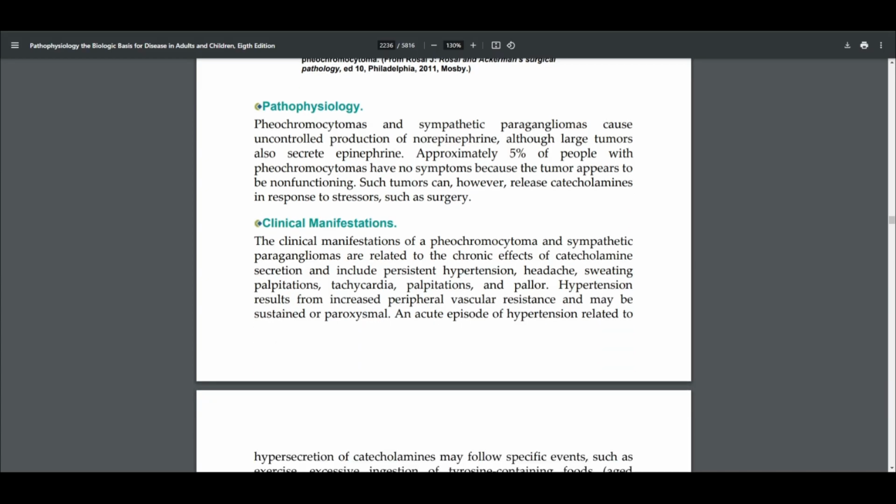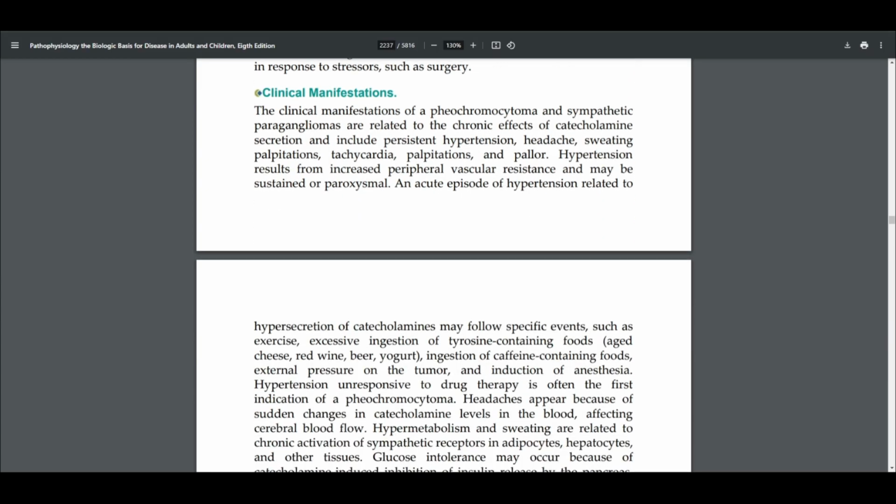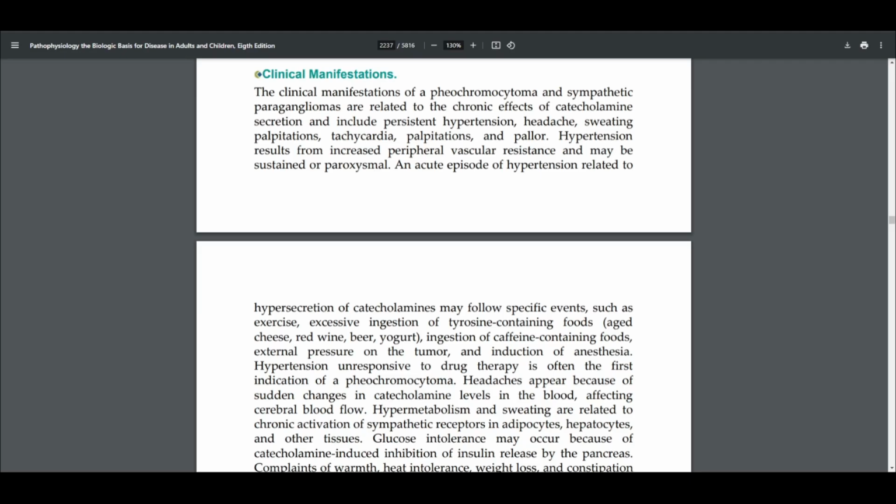The clinical manifestations of a pheochromocytoma and sympathetic paraganglioma are related to the chronic effects of catecholamine secretion and can include persistent hypertension, headache, sweating, palpitations, tachycardia, and pallor.